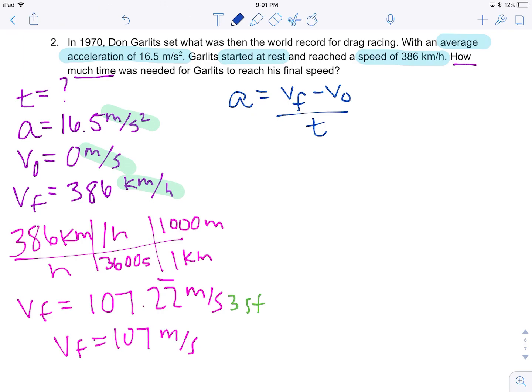To me, that makes it easier to rearrange. I don't have to worry about moving around complicated numbers and units. I can just rearrange a few letters. And I would do that by flipping these two. And this would be the new rearranged version of the equation that I would plug all my numbers into.